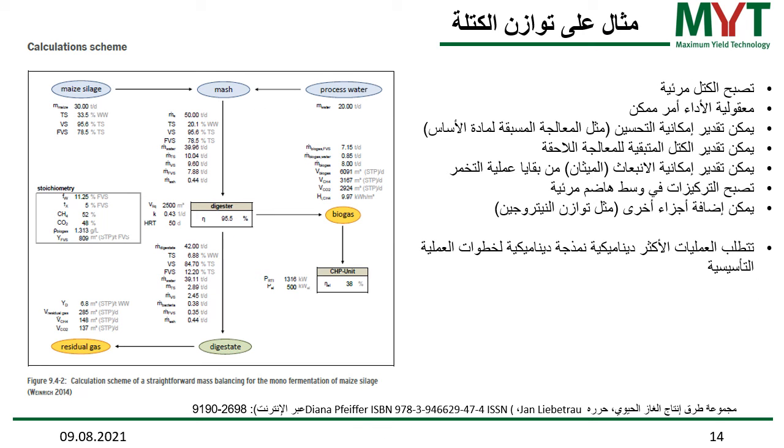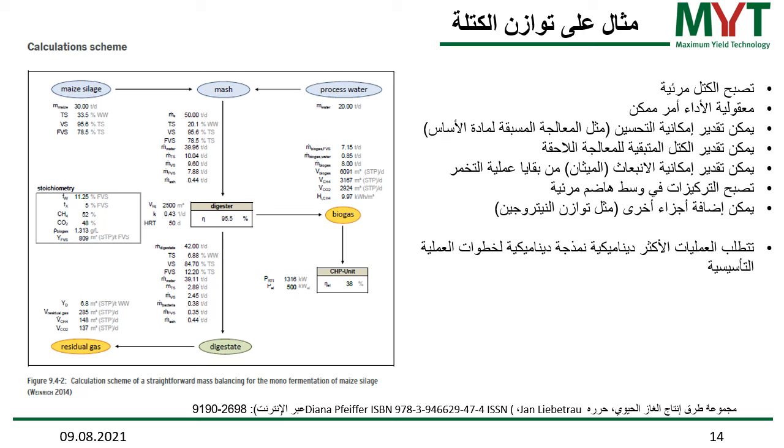Here you can see an example of a mass balance. This is a maize silage, so this is an example from Germany, and here we use energy crops, and one of the major energy crops is maize silage, but this is simply an example. It doesn't matter if here is silage or waste material.